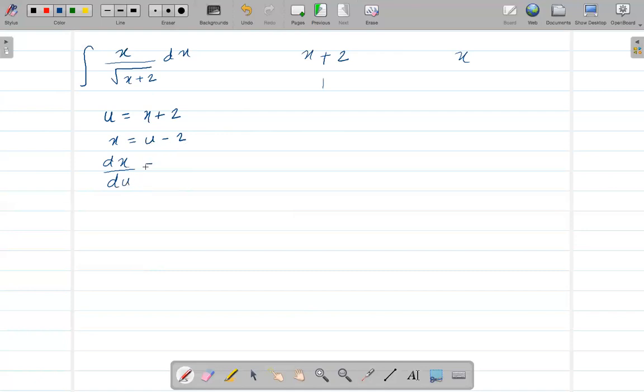Taking the derivative of u will be just 1, right? So now just multiply both sides by du, and you get dx equals du.